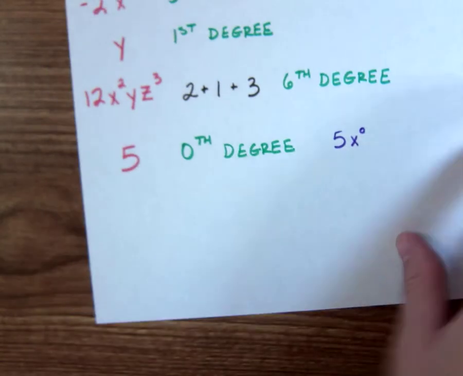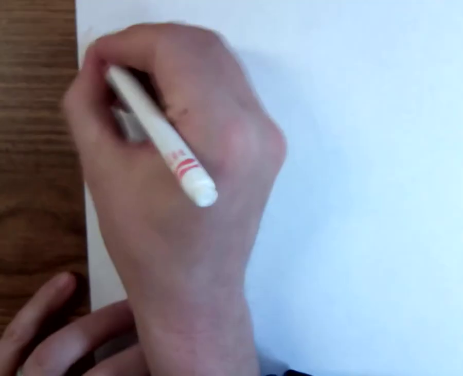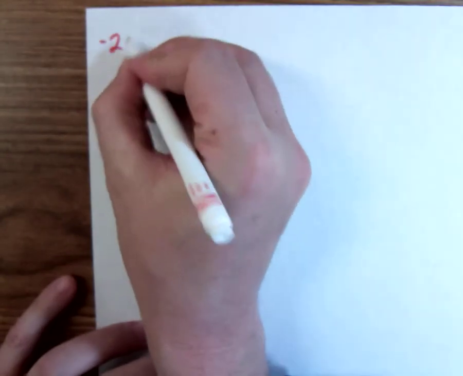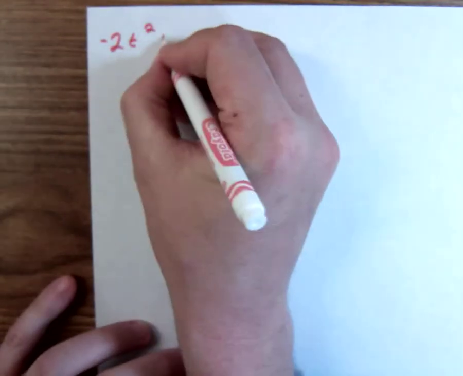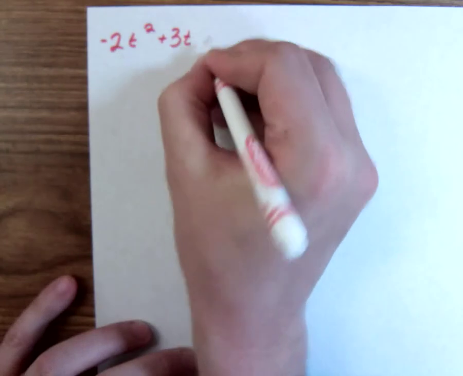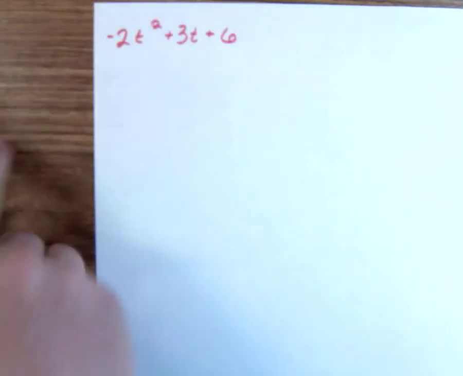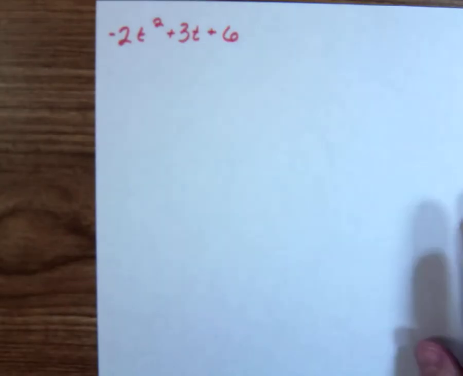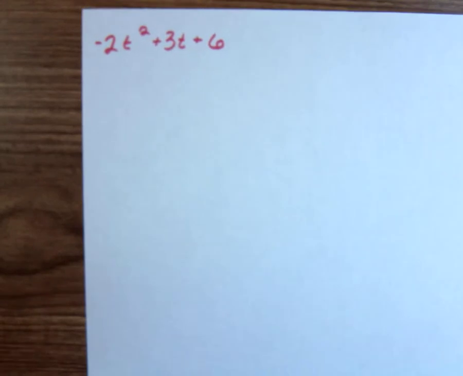So what about when you've got a bunch of terms like this? When you have multiple terms and you're finding the degree of the polynomial, the degree is the highest of the sum of the exponents.